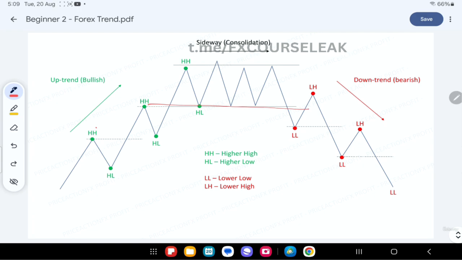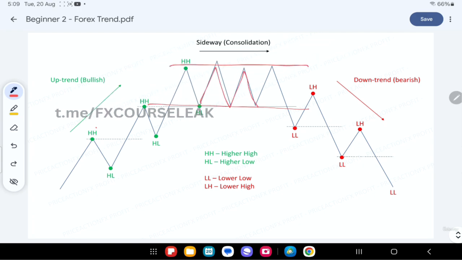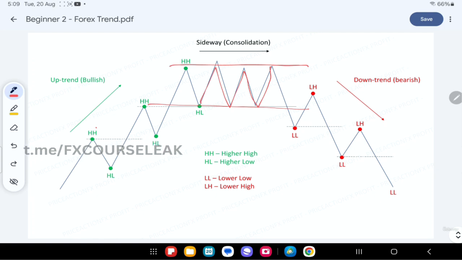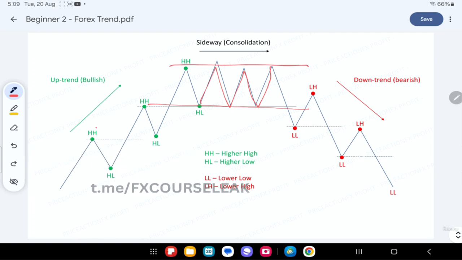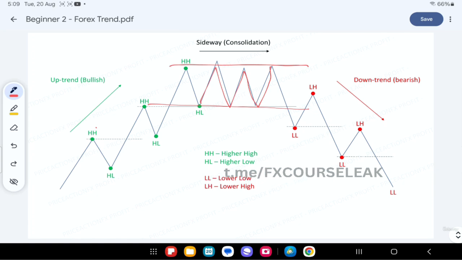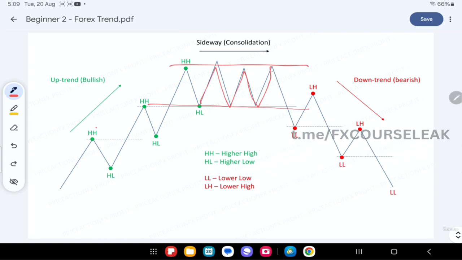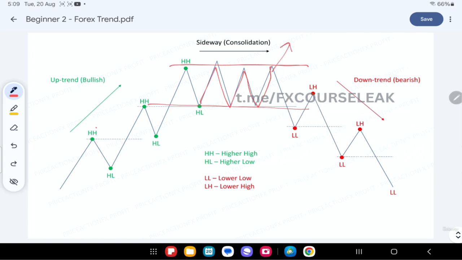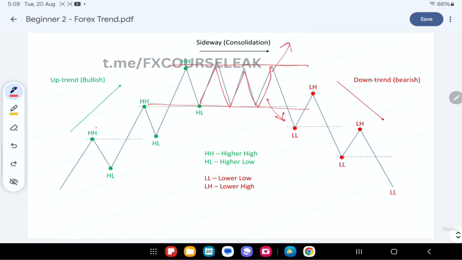So this is actually a consolidation sideways, whereby, as I said just now, it's not advisable to trade during sideways because there's no trend. You don't know whether the price will go up next or go down next. As we all don't know the direction, just don't trade.